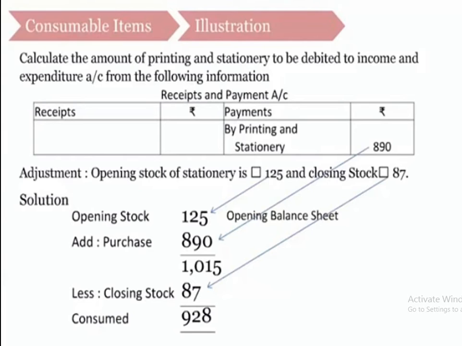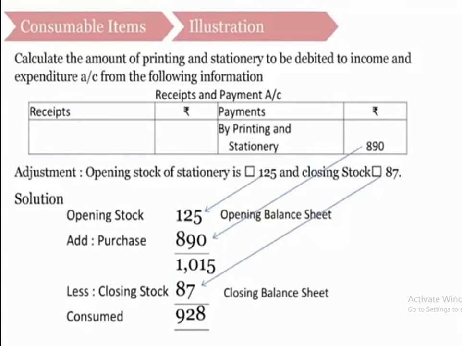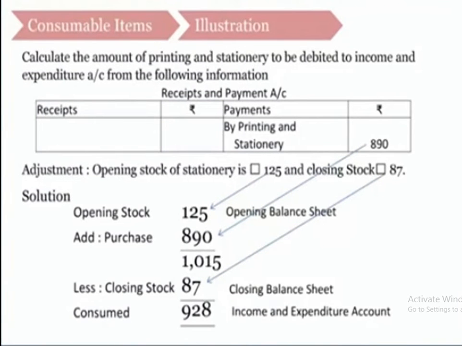The purchase is taken from the receipts and payment account on the payment side, and the closing stock goes to the closing balance sheet on the asset side. And the final amount consumed, 928, will be debited to income and expenditure account.